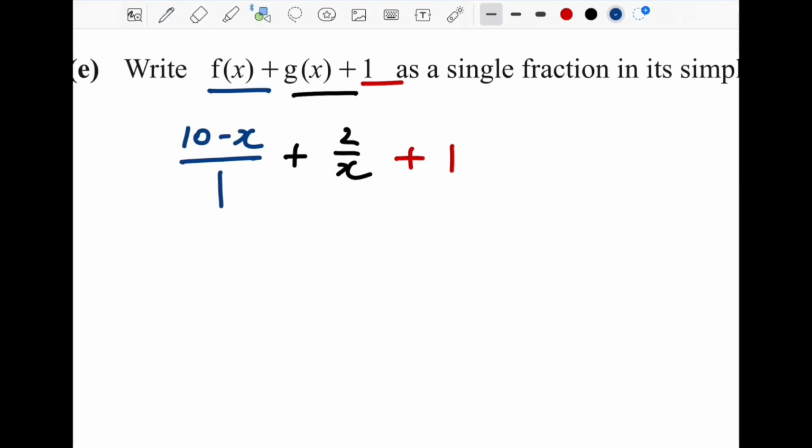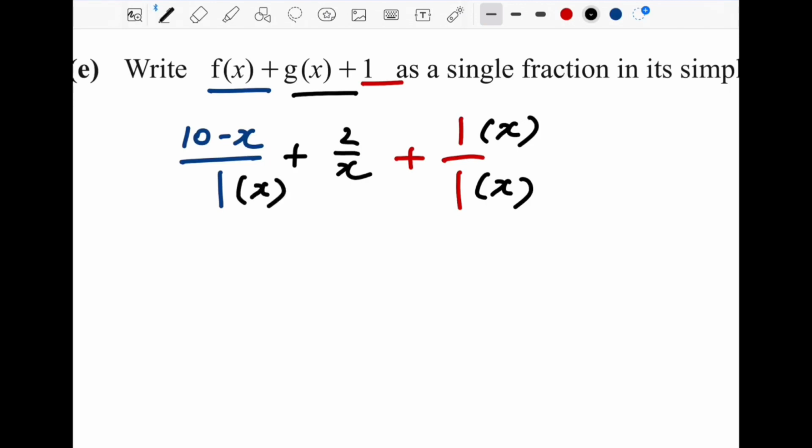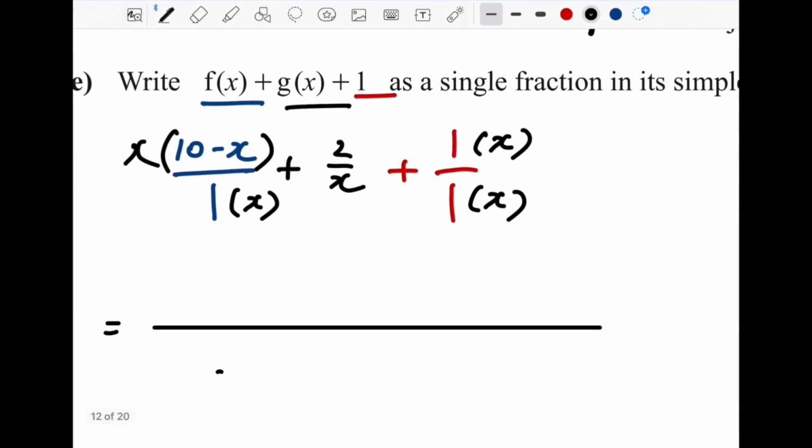And then this one, obviously you can tell 1 is just 1 over 1. So everything with different denominators, 1 denominator, x denominator, change them to the same denominator. The easiest way is change everything to x as a denominator. Don't have to change anything. Now, everything with the same denominator x, combine.